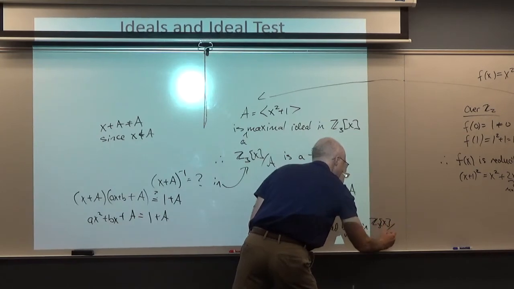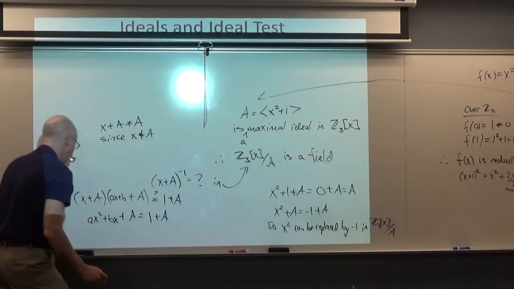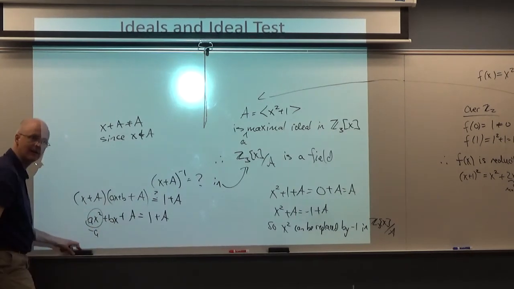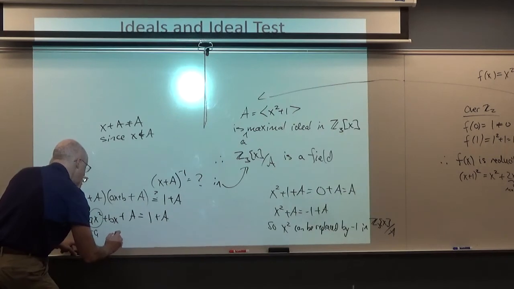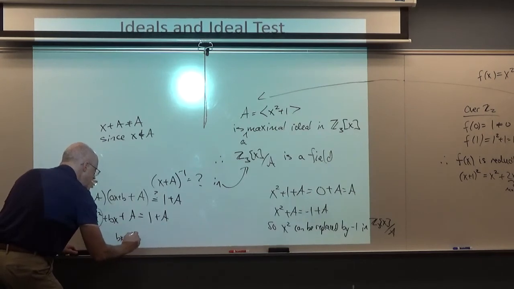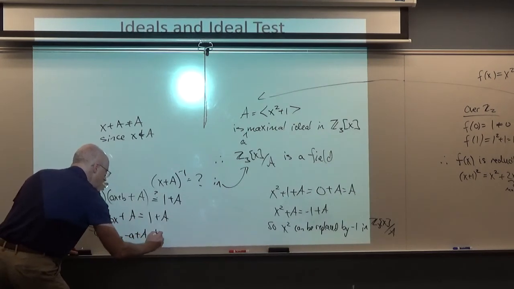Give me a second here. And I can replace this then by negative a. And I can write negative bx plus A, equal to minus little a plus capital A, equals 1 plus A.